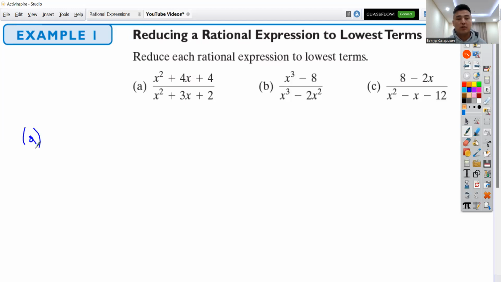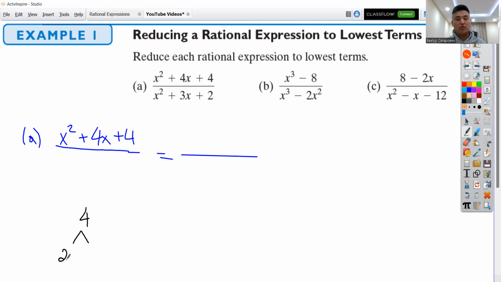A, first, I have two trinomials, numerator and denominator. How am I going to factor them? x squared plus 4x plus 4 first. To be able to factor it, you have to think of two numbers where when you multiply them, you get 4, and when you add them, you get positive 4 as well.